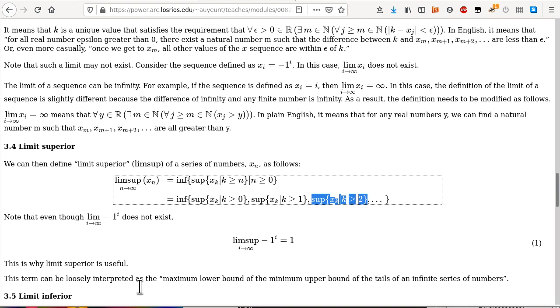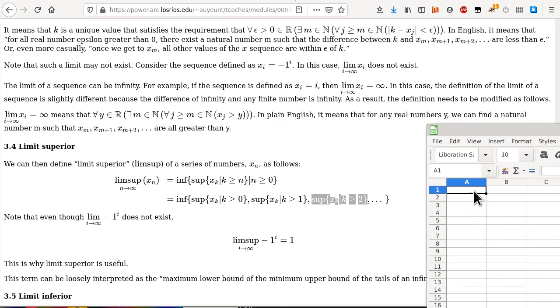I think an example can be helpful in this case. So we'll start another example. This is the index. Once again, the index starts with 0, and then we're just sequentially going up as natural numbers.